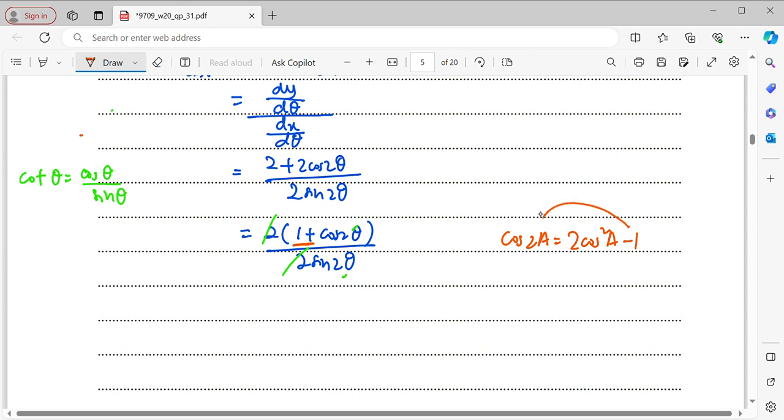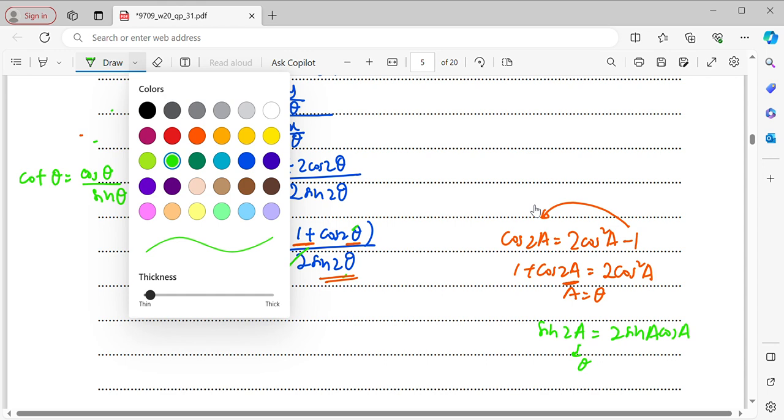So this minus 1 moves to the left hand side, you will get 1 plus cos 2a is 2 cos squared a. When you compare, your a is basically theta. Same goes to sine 2 theta: we have the double angle formula, sine 2a is 2 sine a cos a. That means obviously now your a is theta.